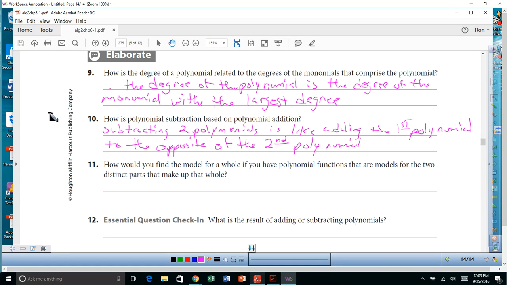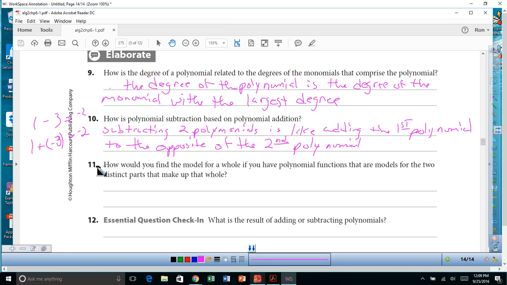And in much simpler terms, if you have 1 minus 3, is that not like 1 plus negative 3? Same thing. You get negative 2.